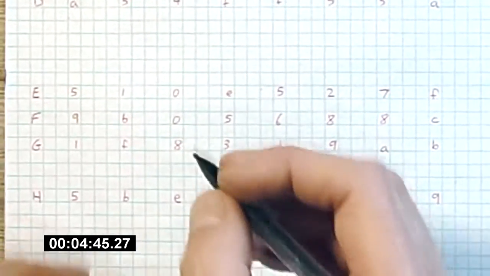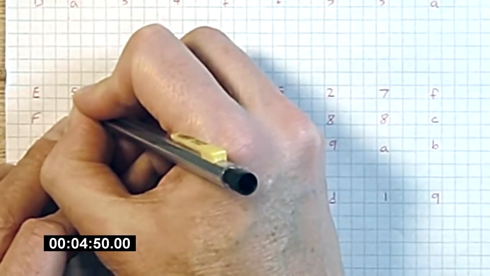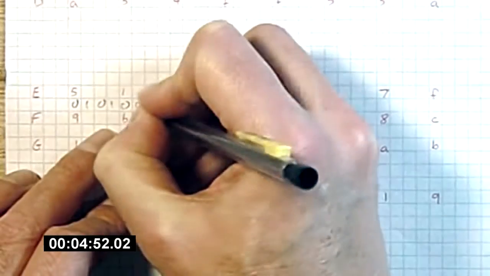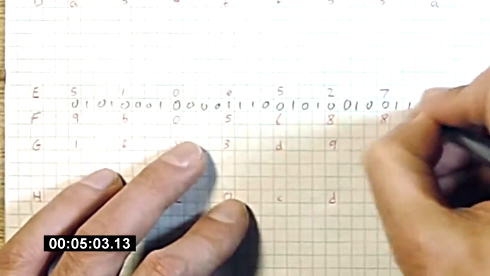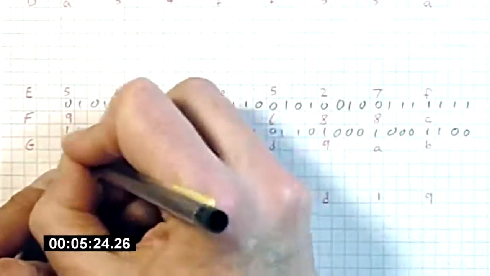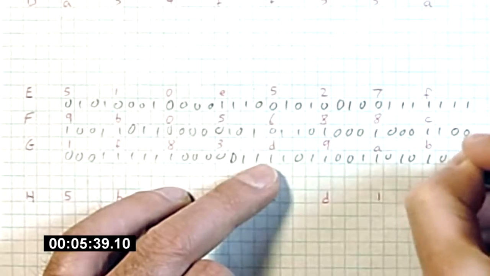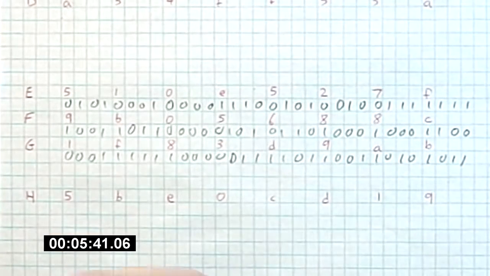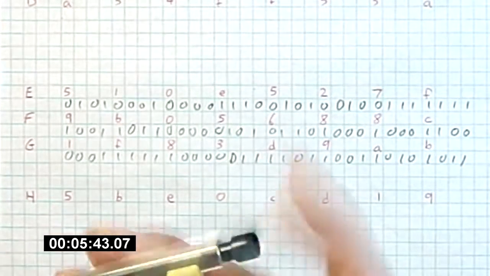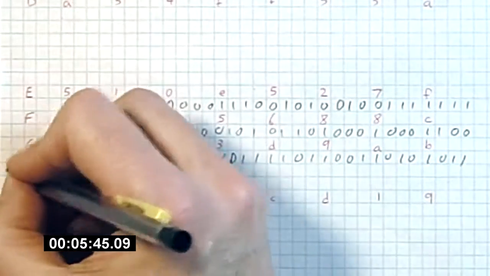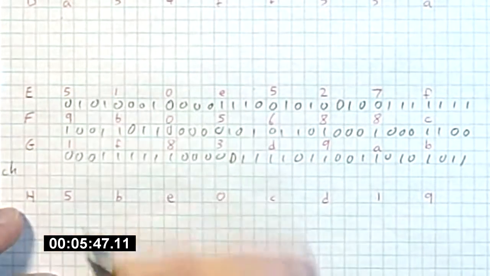Now we're going to move down and look at EFG. We're going to convert these to binary. Now we're going to combine E, F, and G in an interesting nonlinear way, which is called the choosing.